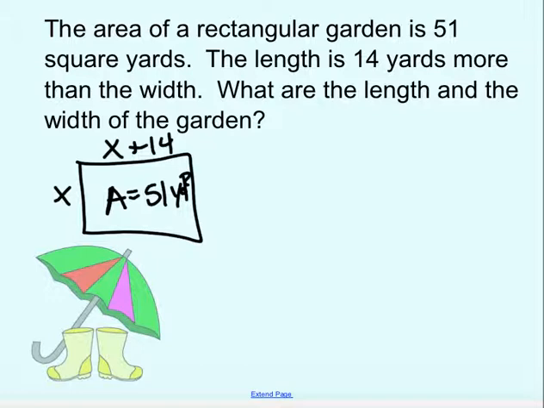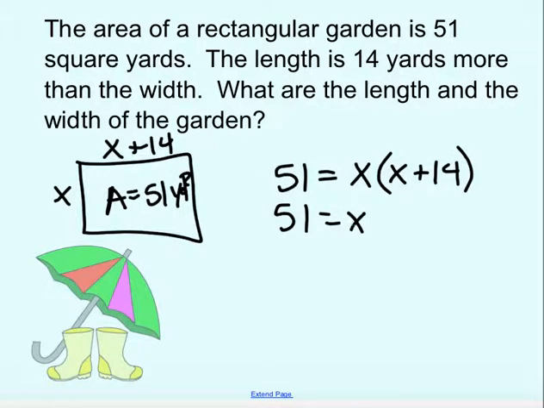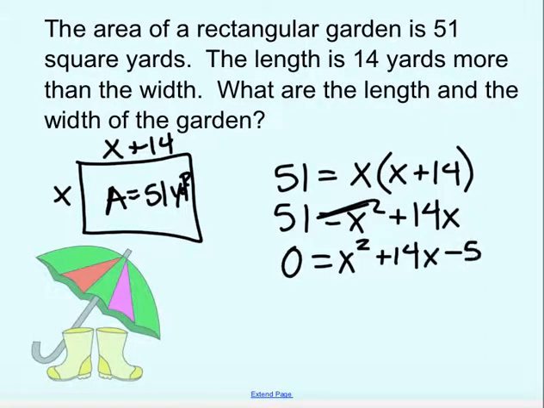So if I have this area of 51, that must have come from my width times my length, which means I can go ahead and expand to get 51 is equal to x squared plus 14x, and then subtract 51 to get it on the other side. To get 0 is equal to x squared plus 14x minus 51.